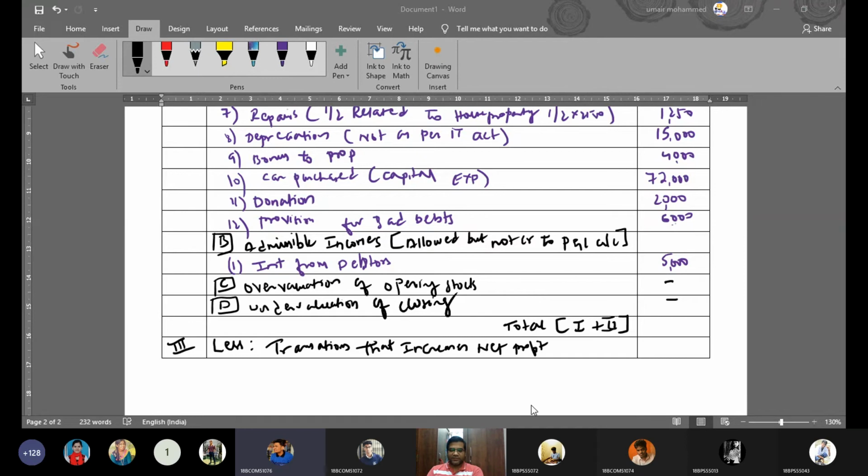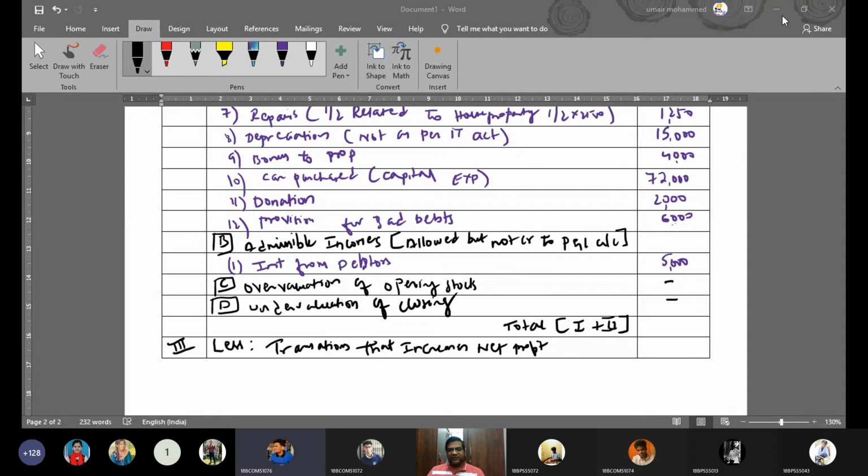You can do that, and there are two ways of treating it. First, record what is not as per the IT Act under inadmissible expense, and then record what is as per the IT Act under admissible expense. That amount will set off and the difference will still remain the same.